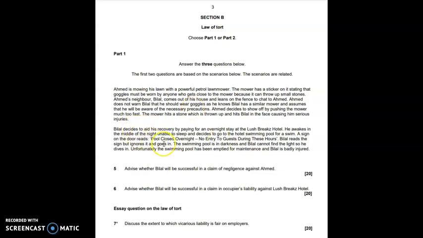However, when he reads this sign, ignores it and goes in anyway, he becomes a trespasser under the 1984 Act. Lush Breaks will owe the duty of common humanity under the 84 Act if the 3 aspects of section 1.3 are satisfied. Firstly, it seems that there is an obvious danger when a pool is empty and in darkness.